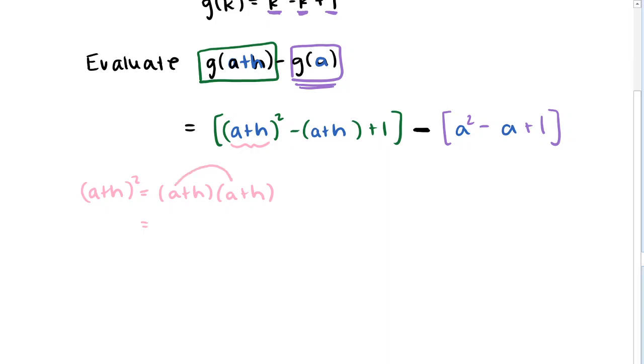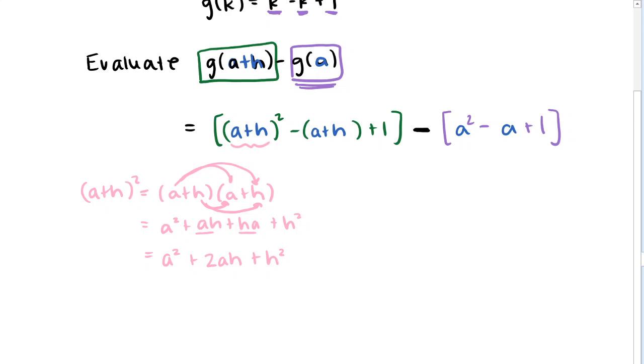So a times a gives a squared, a times h, h times a, and then h times h, so h squared. This comes out to be a squared plus ah and ha. I can really think of that as 2a times h, and then plus h squared.